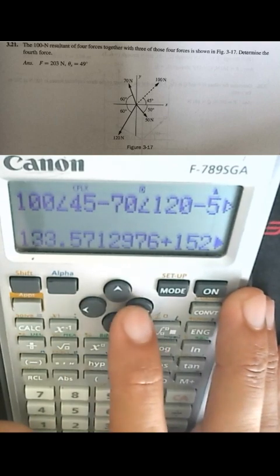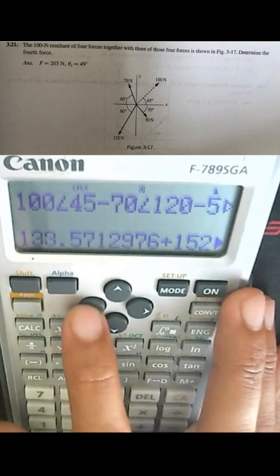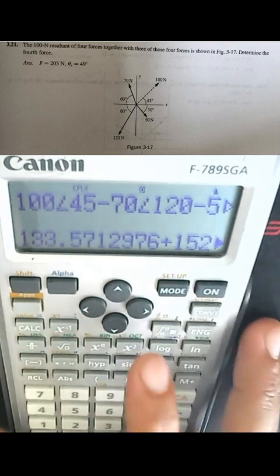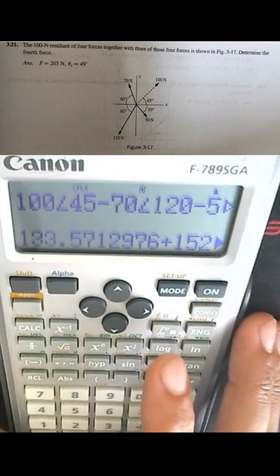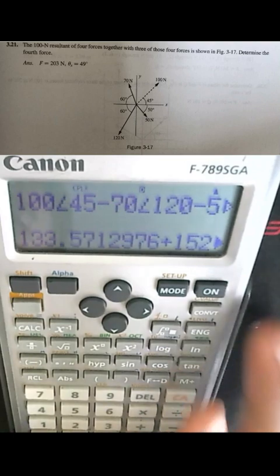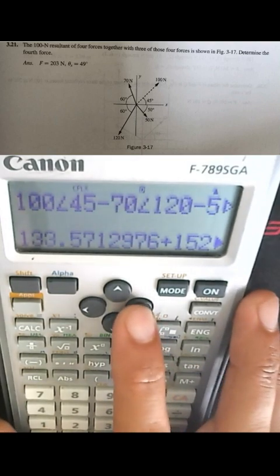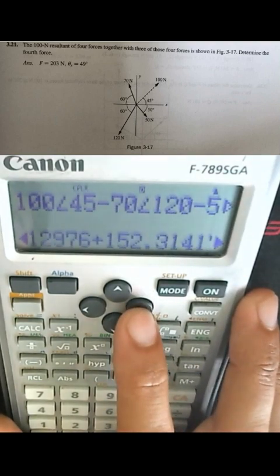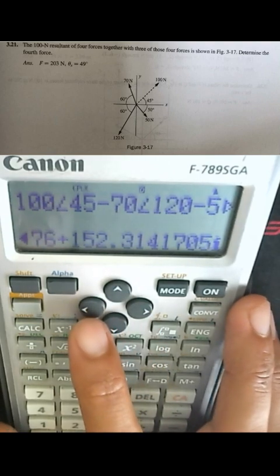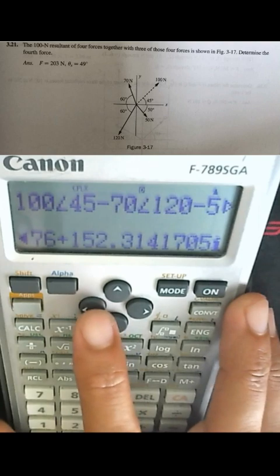These are the rectangular components of the forces, meaning 133.57 is the horizontal component of our resultant force, and 152.31 is the vertical component of the resultant.